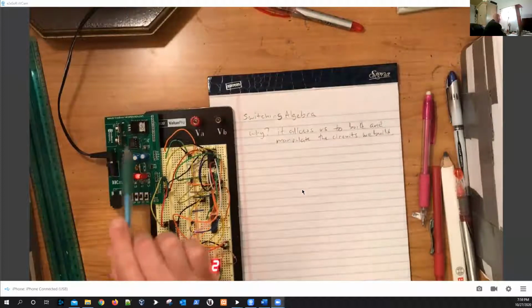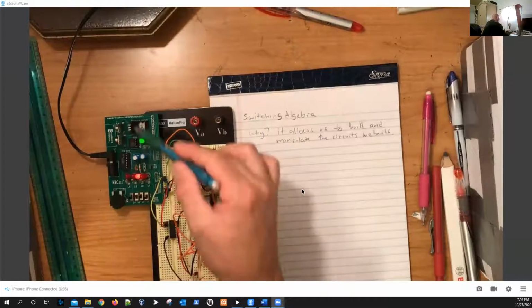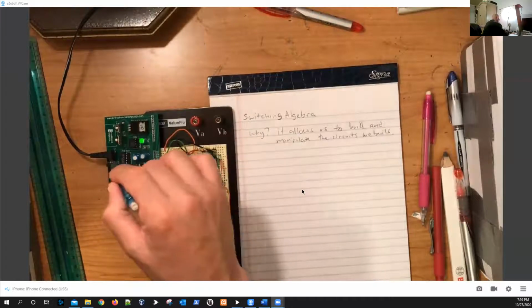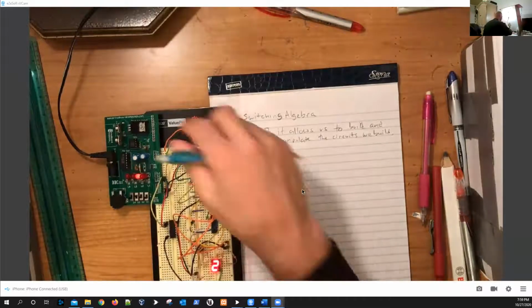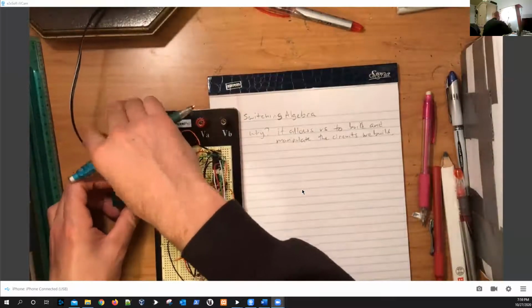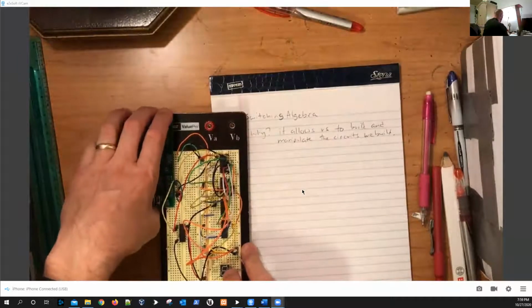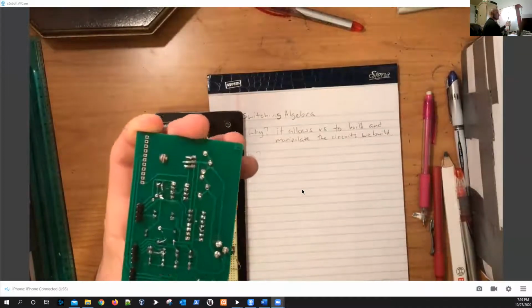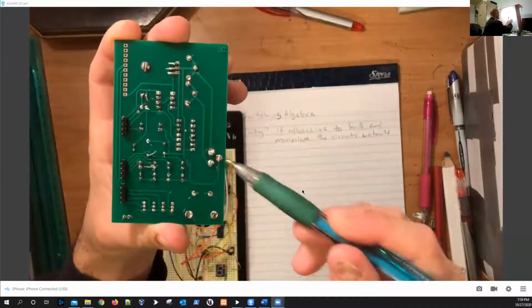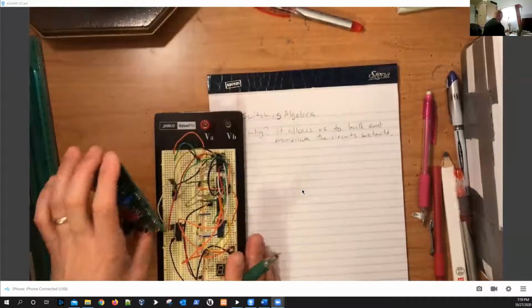When I say put this together, I mean it's a flat board with nothing on it. They take every single piece and solder every little pin on it, all of these little connections here. So quite a project to start off on.